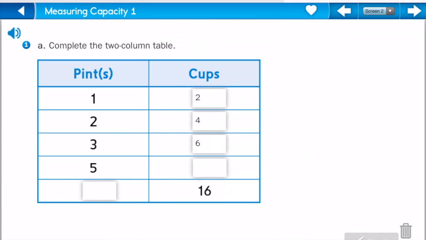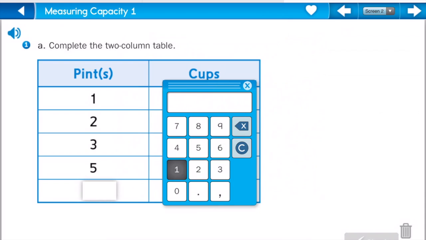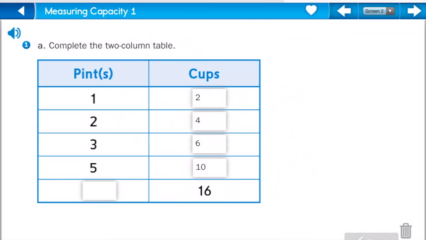And if I had 5, how many would that be? Yes, it would be 10. So basically what I was doing is I was just multiplying 2 times the amount of pints that I have. So 1 times 2 was 2 cups, 2 times 2 was 4 cups, 3 times 2 was 6 cups, and 5 times 2 was 10 cups.